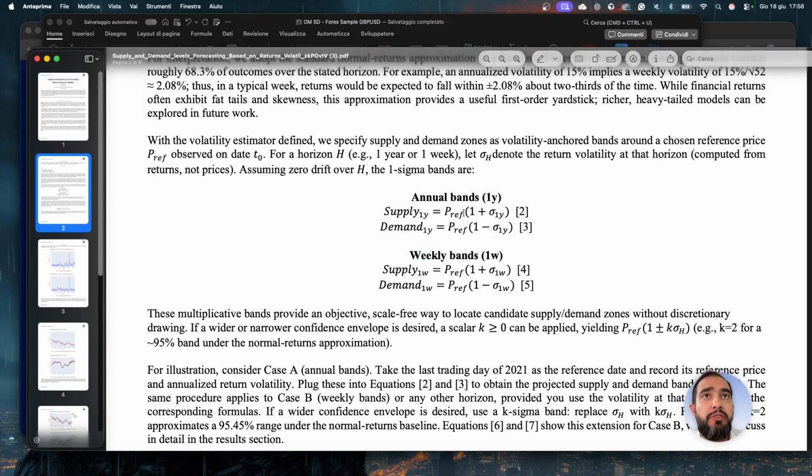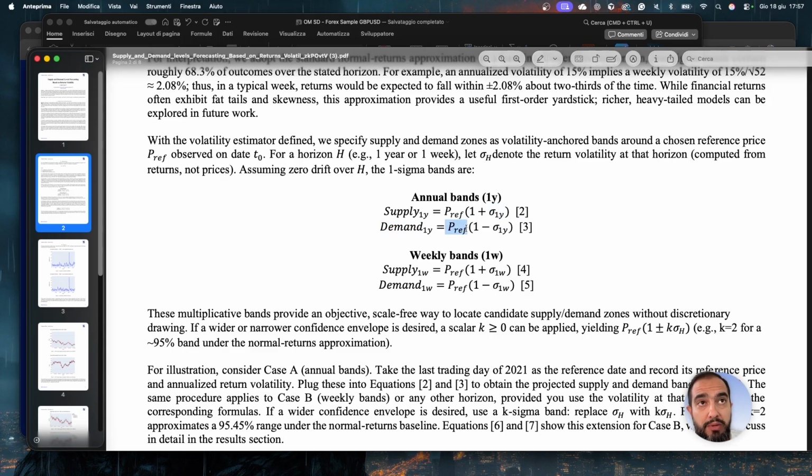It's the idea of getting the reference price times 1 plus that realized volatility, that standard deviation that we calculated. For the supply level it's 1 plus that deviation, and for the demand it's 1 minus that deviation, times, of course, the reference price.